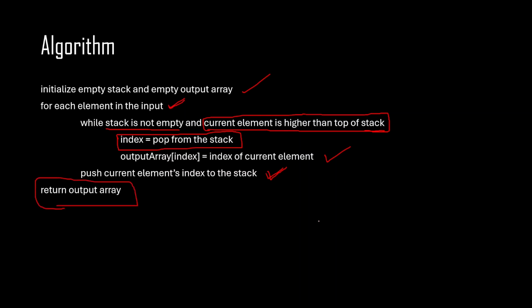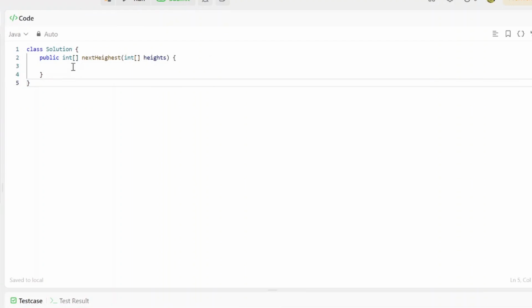Let's just implement it in Java. Let's implement the monotonic stack. As you have seen in the algorithm, first we need to initialize the output array along with the stack. Let's do that. And that output array should be of the same size as the input.